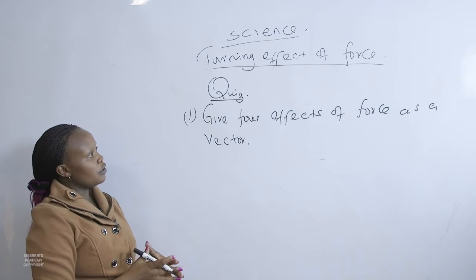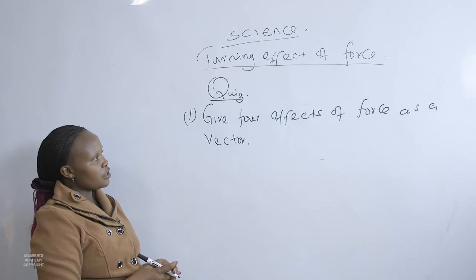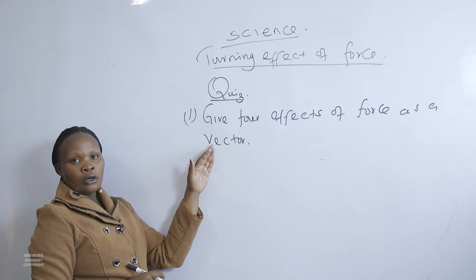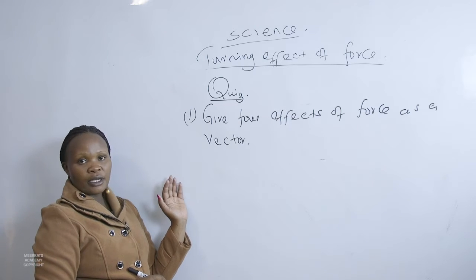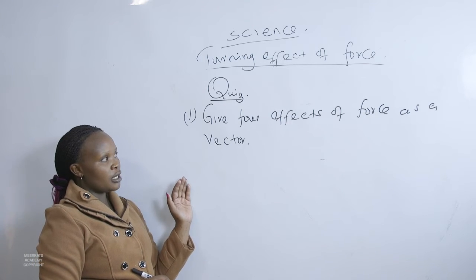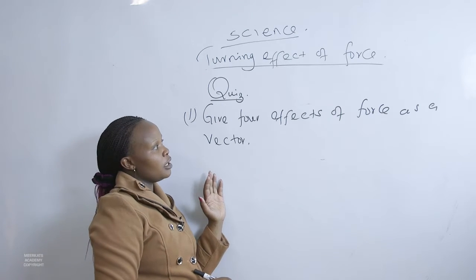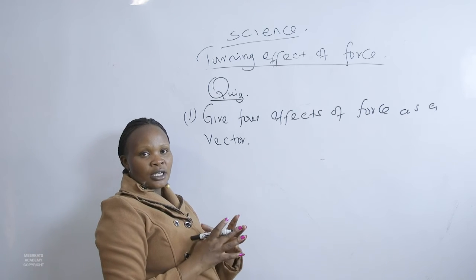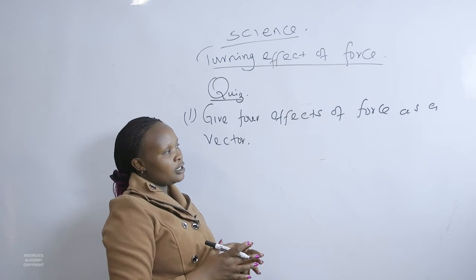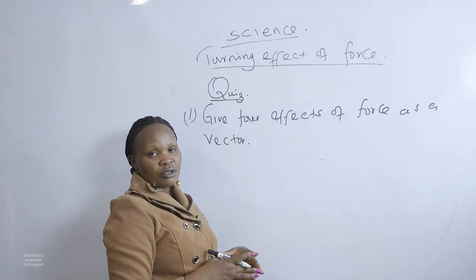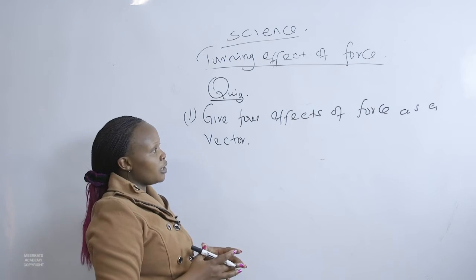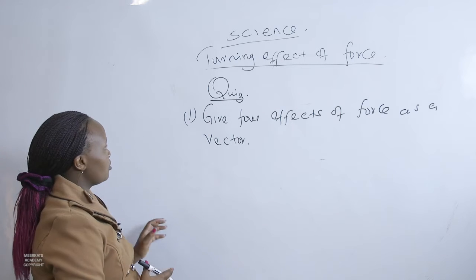You should list down the 4 effects that we have talked about of force as a vector. In the beginning, we tried to recap the same, and we said that force can change direction and even the shape of an object. It can trigger motion as well as stop the same.